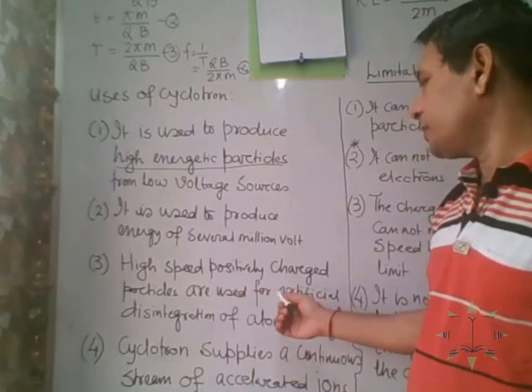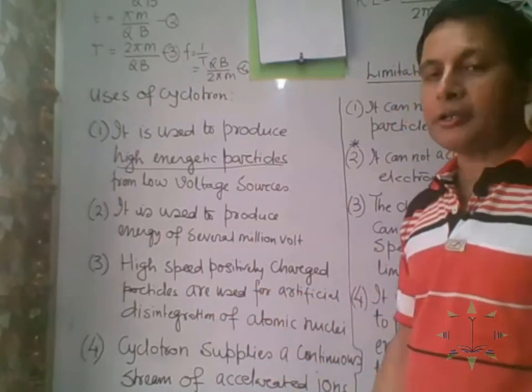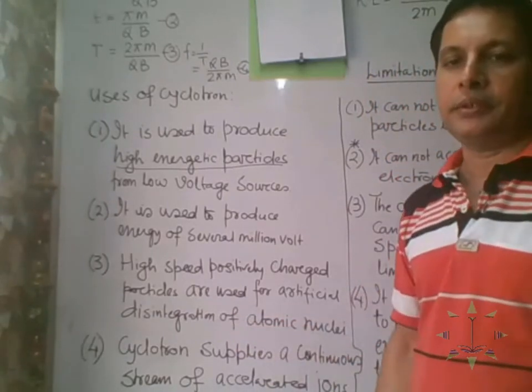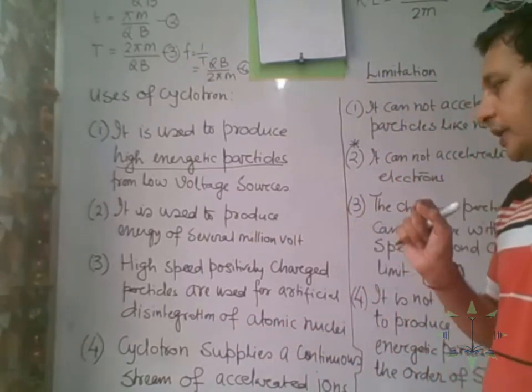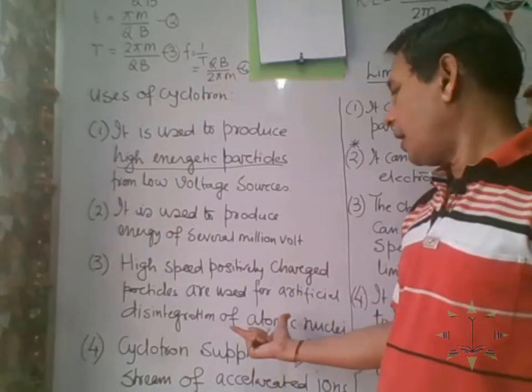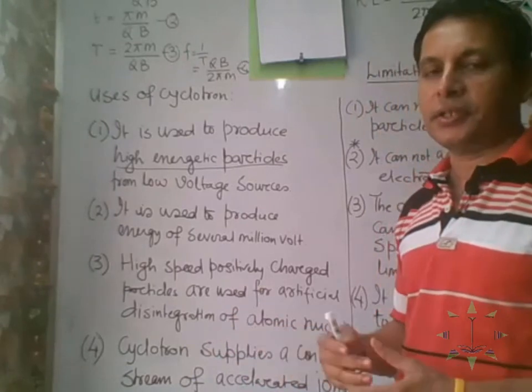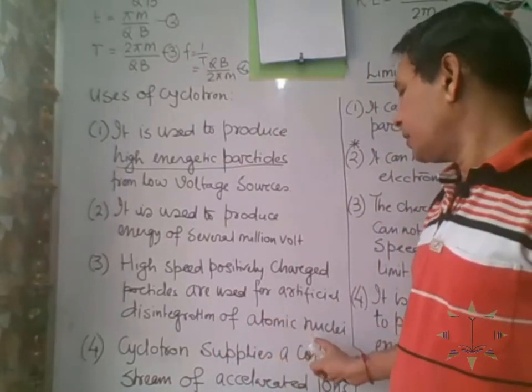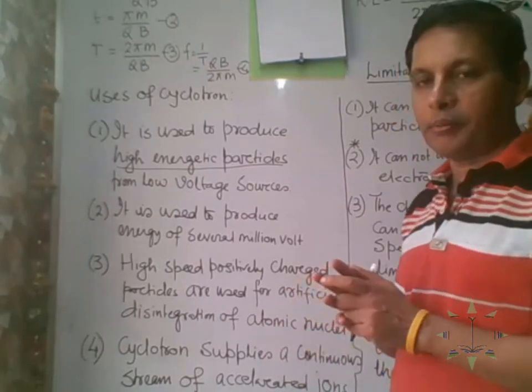High speed positively charged particles are used for artificial disintegration of atomic nuclei. In radioactivity this disintegration happens, the atomic nucleus is broken up.